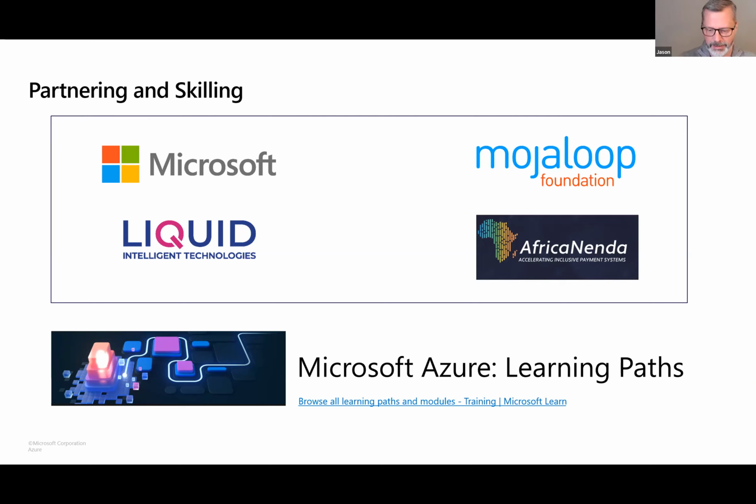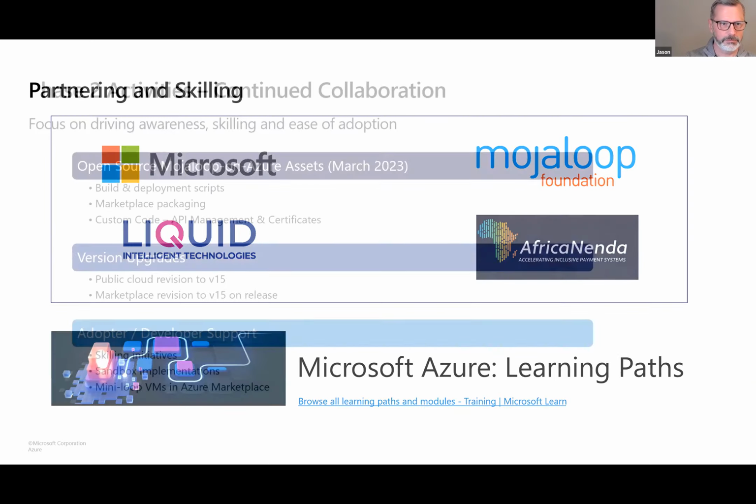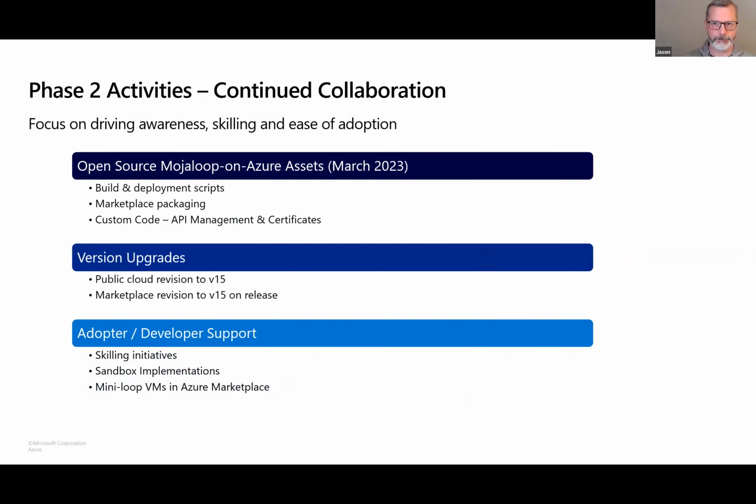So what do we mean by active? The focus for this in-progress phase is really about driving awareness, skilling, and ease of adoption. Three critical points to that. The open sourcing of the work that we did.